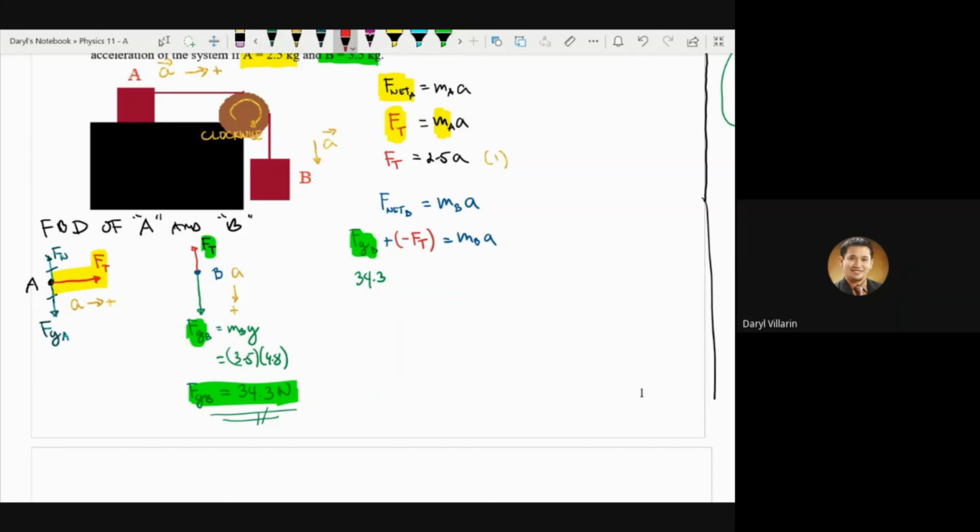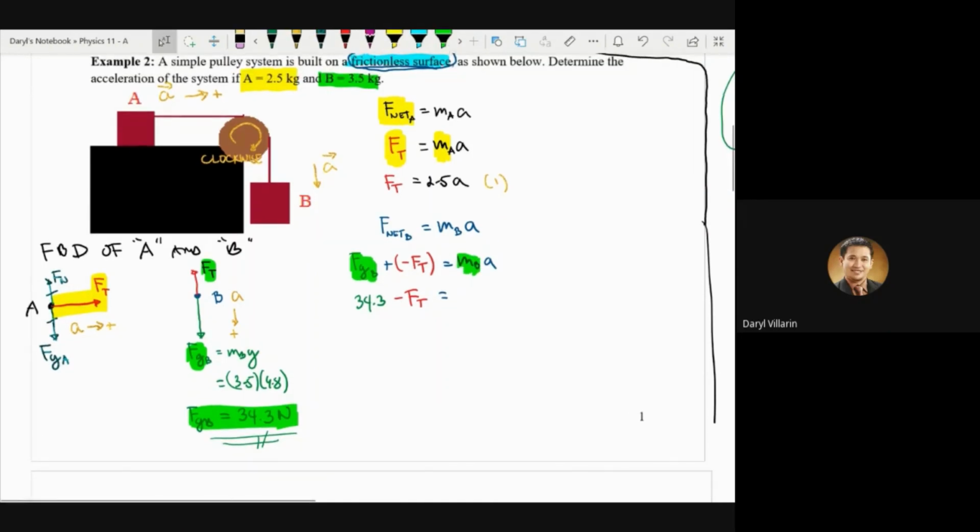Then this is minus Ft is equal to my mB, which is given in the problem, 3.5, so I'm just gonna substitute that with 3.5 and then a. Okay, so my mass term is 3.5a. So this is my equation 2.